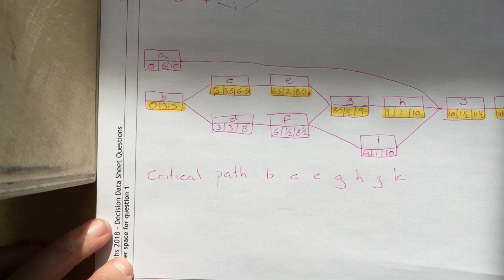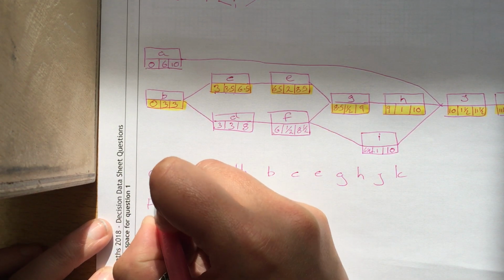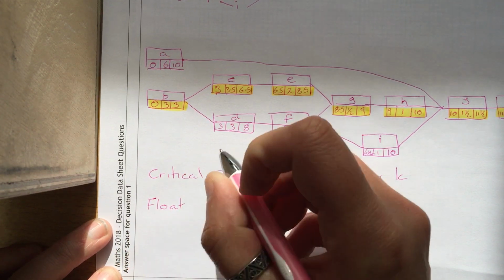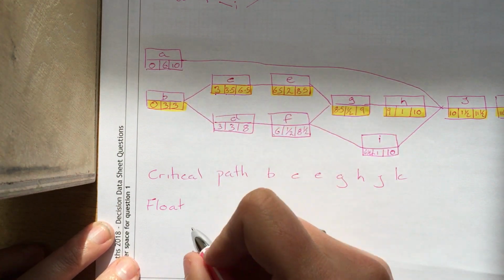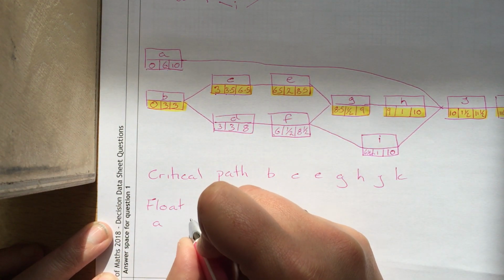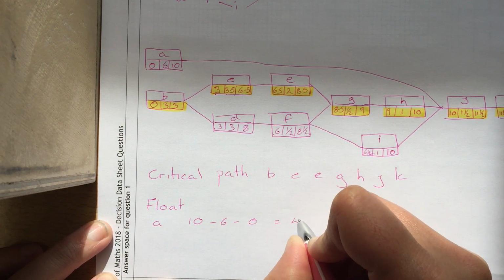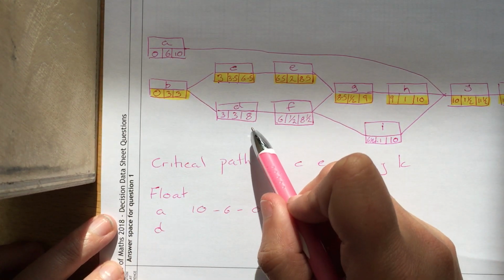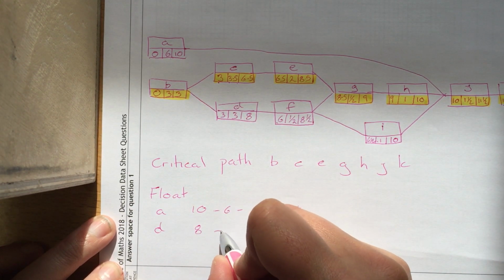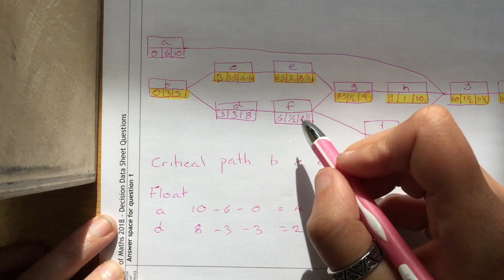And then we need our float times for our non-critical activities. So float, we find out by taking the first 2 numbers away from the third. So for A, we've got 10 take away 6 take away 0 is 4. For D, we've got 8 take away 3 take away 3, which is 2.